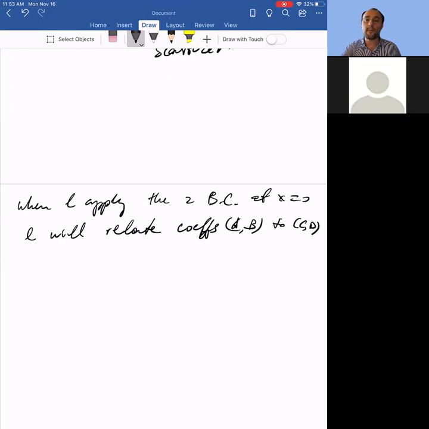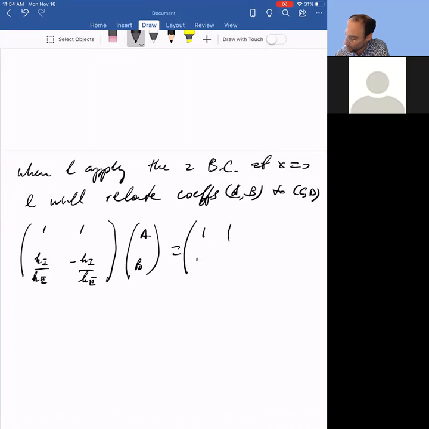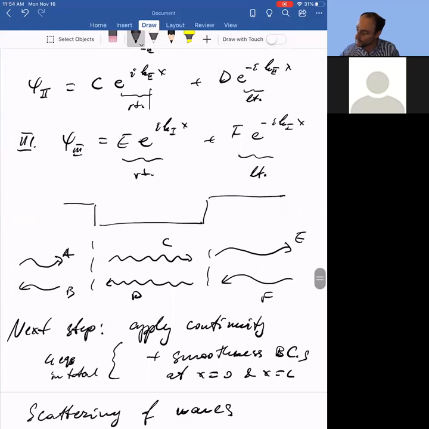It's just a compact way to express the two equations. And that will read like this: the matrix (1, 1; k1 over k2, minus k1 over k2) acting on (A, B) equals another matrix (1, 1; 1, minus 1) acting on (C, D). So this relates the coefficients C and D to the incoming coefficients A and B.